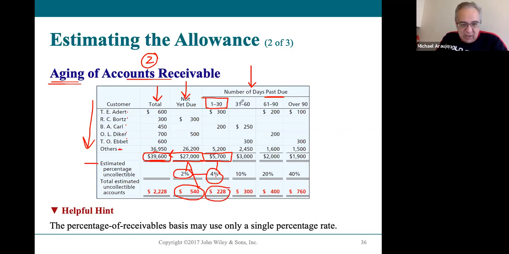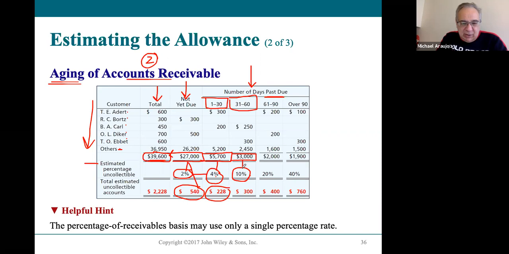Boom. These are the folks that are 1 to 2 months late. Hello. But thankfully, the amount is small. 3,000 of the 39,000 is 1 to 2 months late. Now look at that. They've gone from 2% normal to 10%.